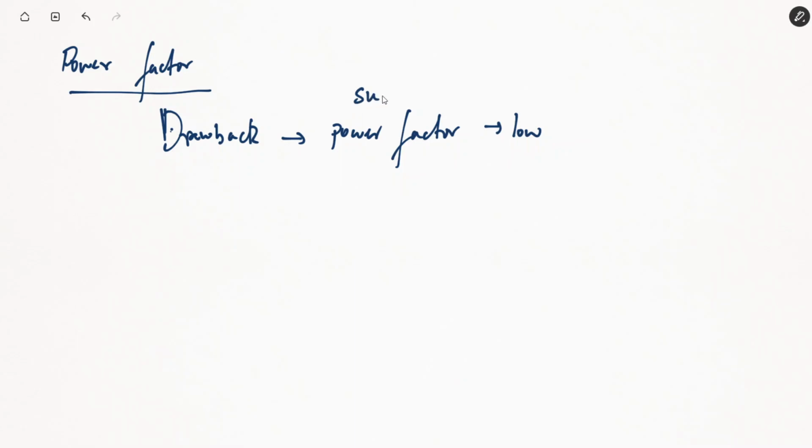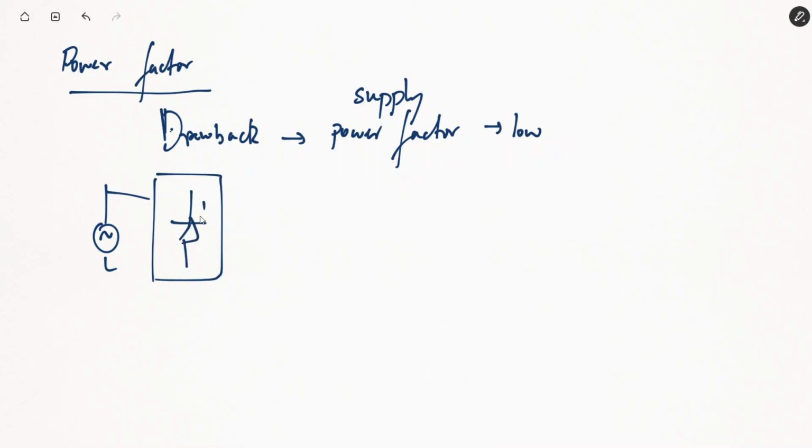I'm talking about the power factor of the supply. Our supply in this case is an AC waveform that's feeding the rectifier. That's driving our load.